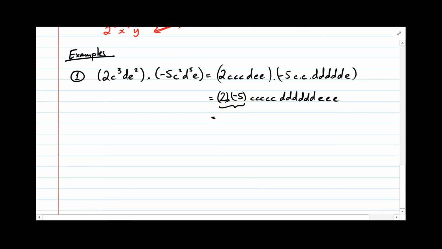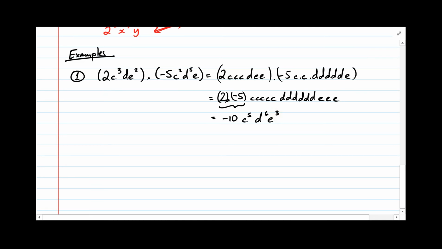So then I could simply put them together, and 2 times -5 was -10, C to the 5th, D to the 6th, and E cubed.